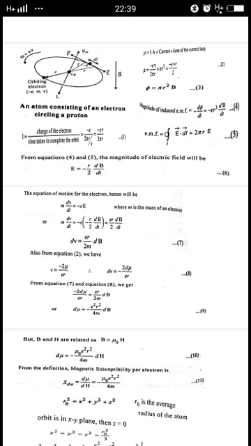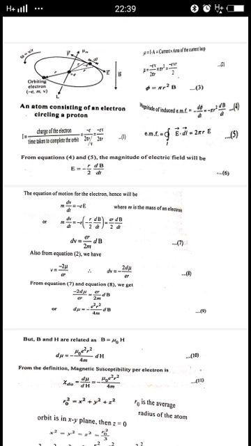So let me explain it step by step. In this diagram we show an electron moving in a circular path. Let an electron of charge minus e be moving with velocity v in a circular orbit of radius r.